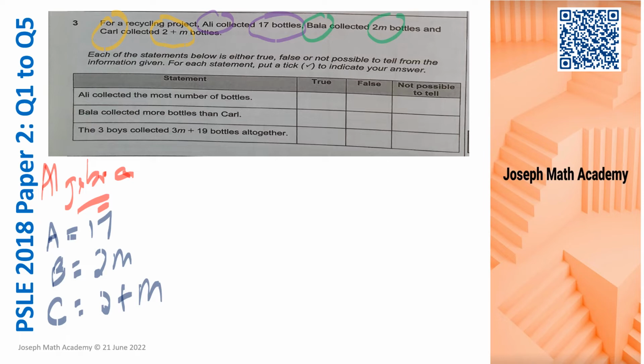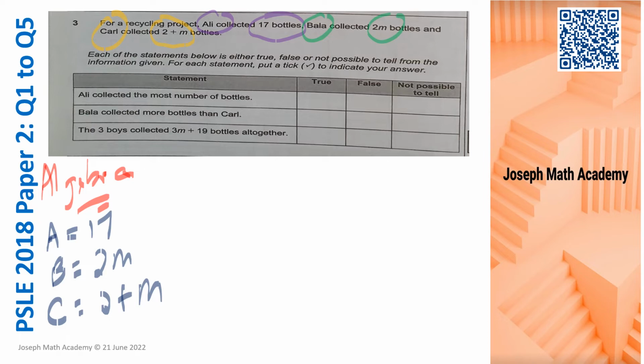Statement number 1. Ali collected the most number of bottles. Now, we can't tell whether Ali collected the most or not. Ali is the only information that we have, 17. Ali's number of bottles is a whole number. It is not an algebraic expression. We can't tell whether he has the most or not because the value of M is not given to us.